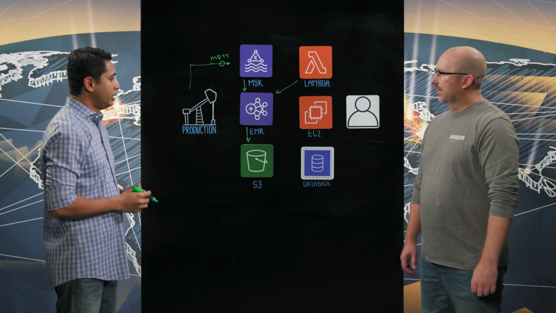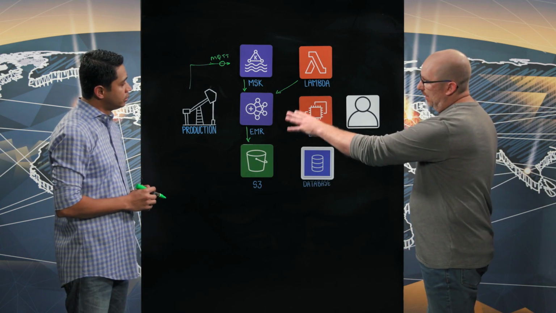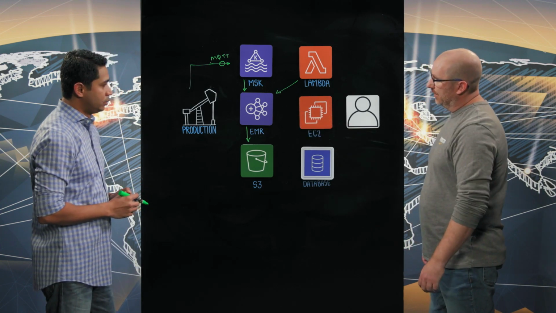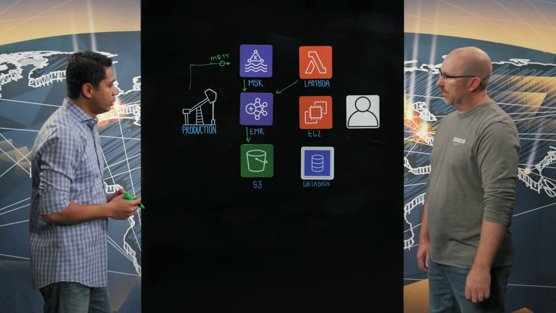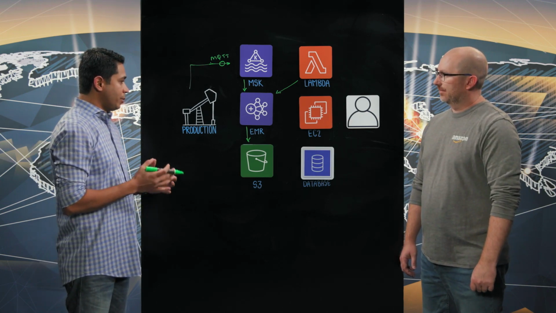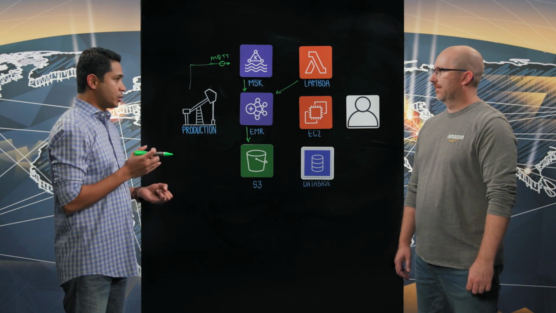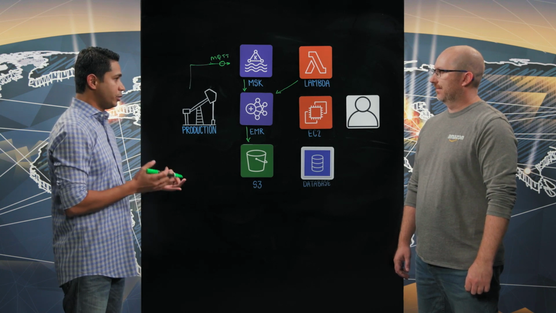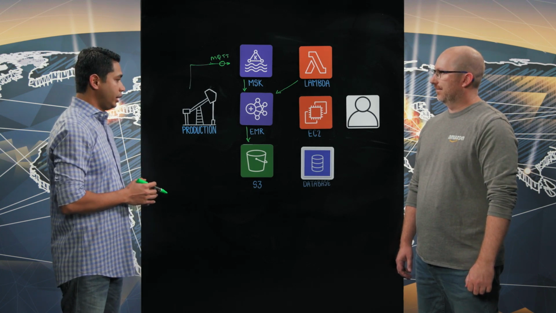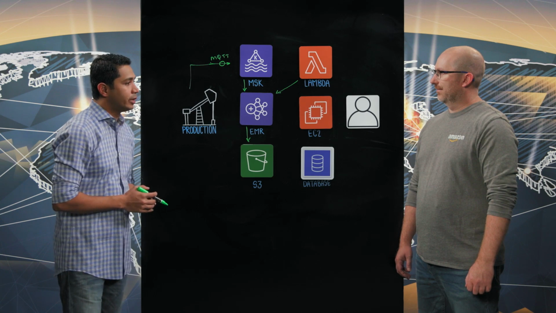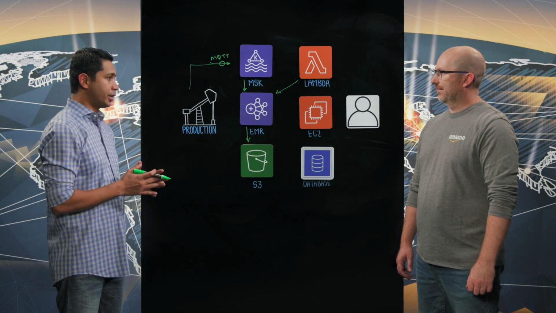Correct. So I see EMR is really at the center of this here. So why did you choose EMR? Sure. So with EMR, we were looking for a platform that can run Spark and HBase since we use that heavily. And EMR suited our needs very well because of the scalable architecture.